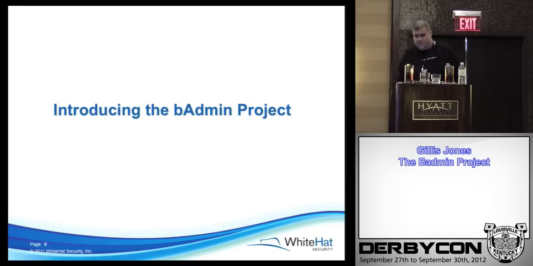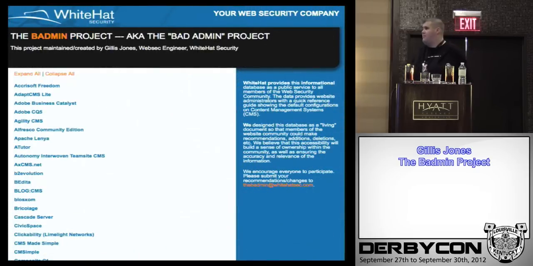So, in a nutshell, this is the Badman project. Essentially, I've assembled a list of about 300 to 400 CMSs, and the project's only about halfway done. And that's just for CMSs.